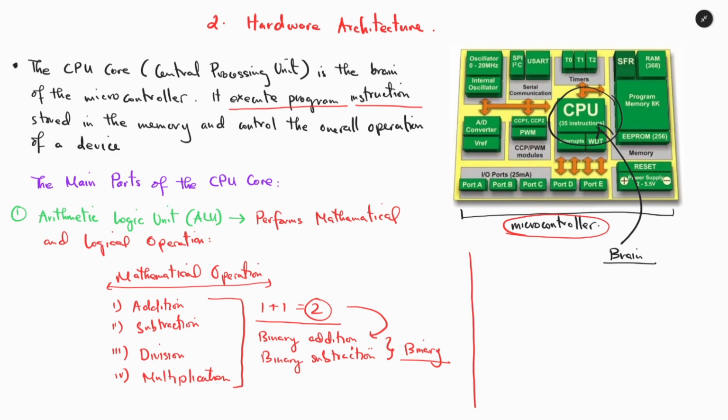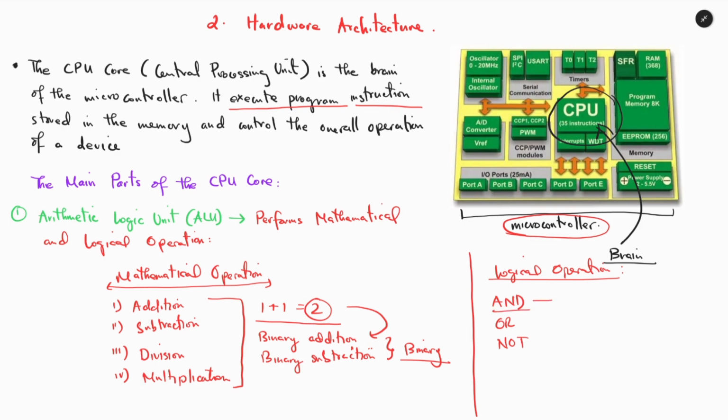And the other thing is that we have the logical operation. When we talk about the logical operation, it is quite precise. And we know that we have the AND operation, we have the OR operation, and we have the NOT operation, and so on.